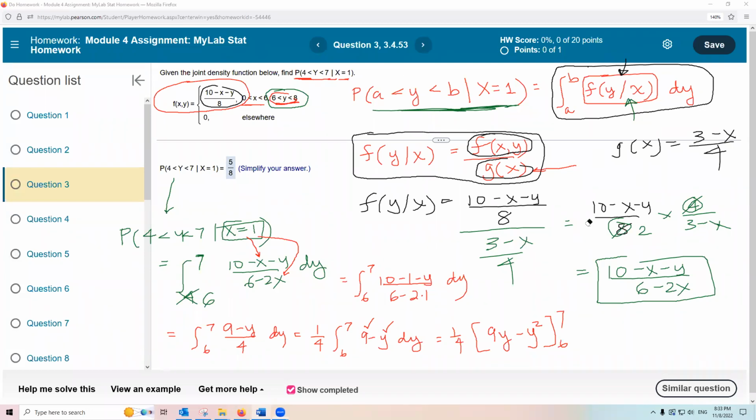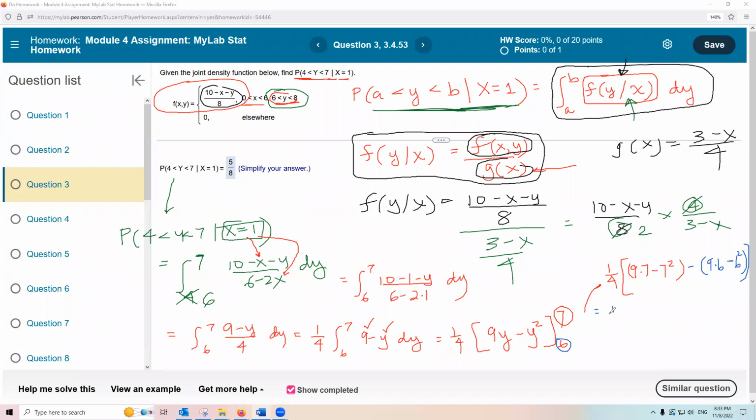All right, so let's plug this in. I'm going to write it up here maybe. So it's 1/4. I'm going to plug in 7 to get started. That's 9 times 7 minus 7 squared. Now I'm going to plug in the 6. So that's 9 times 6 minus 6 squared.